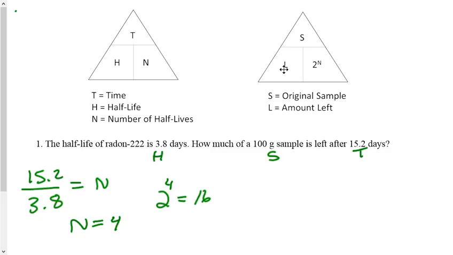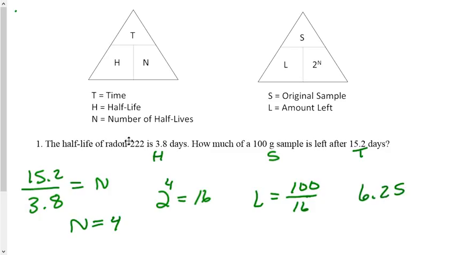I need to find L. So I cover over L. It tells me that S is over 2 to the nth. So that means divide those two. So my L is going to equal 100 divided by 16, and that's going to equal 6.25.